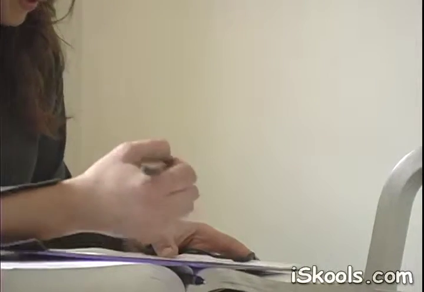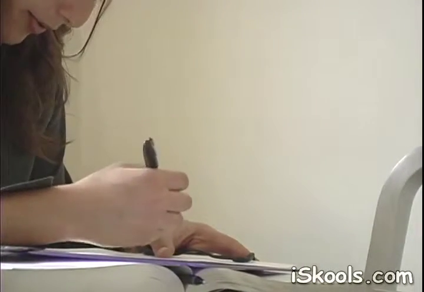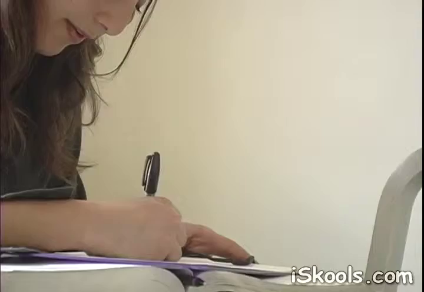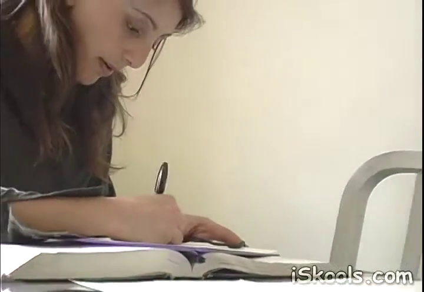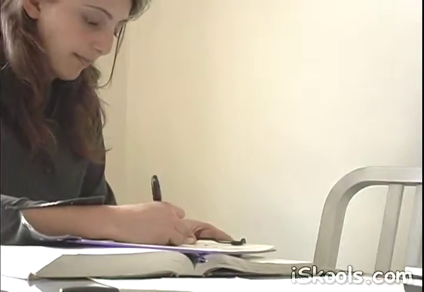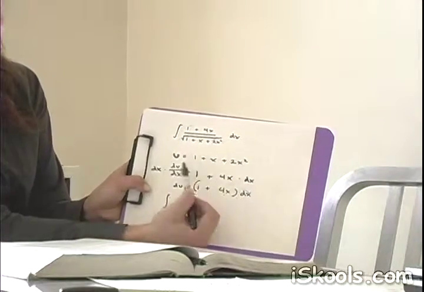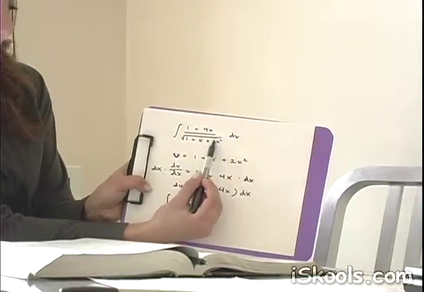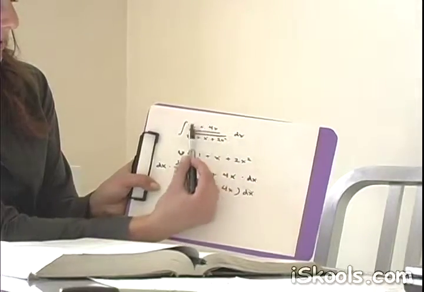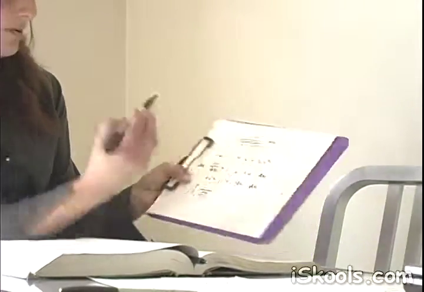I'll rewrite the integral without any limits. It'll be an indefinite integral in the end. So I have u on the bottom with a square root sign because this was our original u, so I'm going to put it under the root sign, while this entire portion here was du.